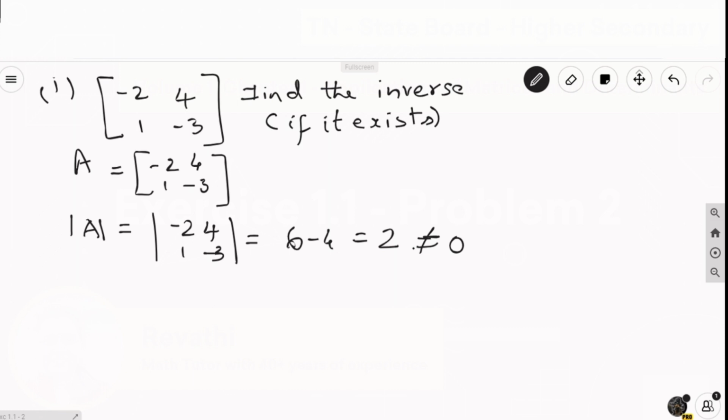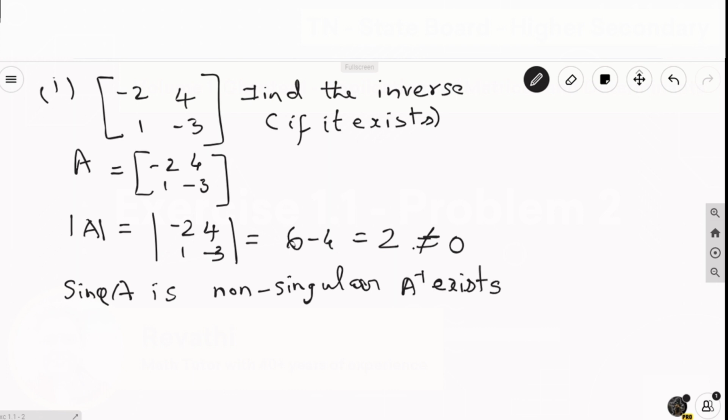So A is non-singular. Since A is non-singular, A inverse exists. So for inverse, we have to first find whether it is singular or non-singular.